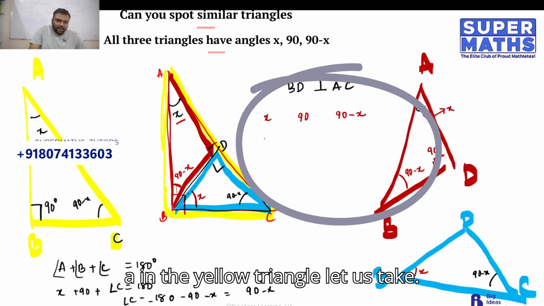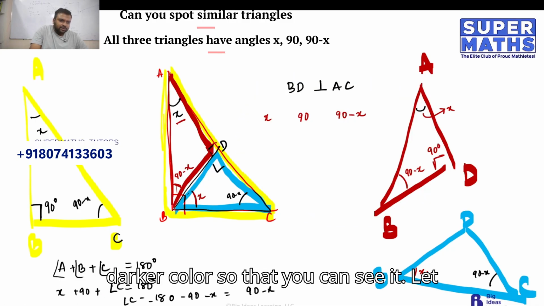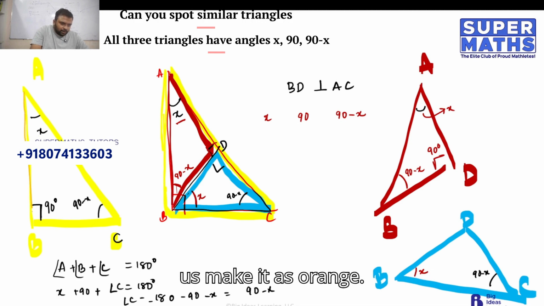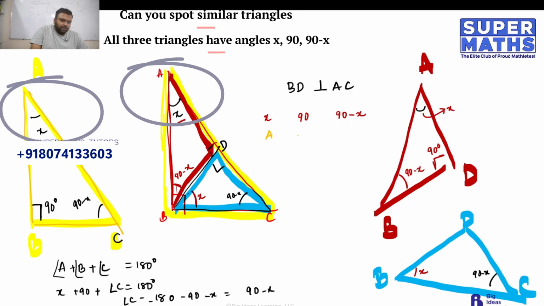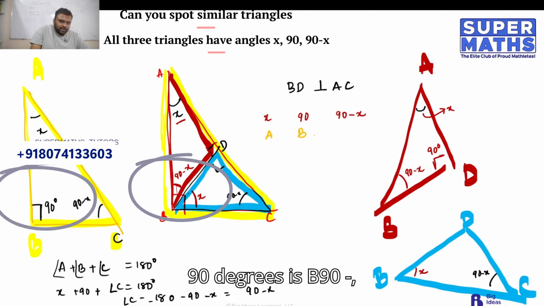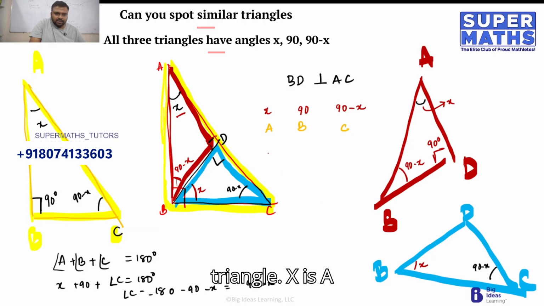Now in the yellow triangle, let us mark by a darker color so that you can see it. Okay, let us make it orange. In the yellow triangle, X is a, 90 degrees is b, 90 minus X is c. In the brown triangle, X is a, 90 degrees is d, 90 minus X is b.